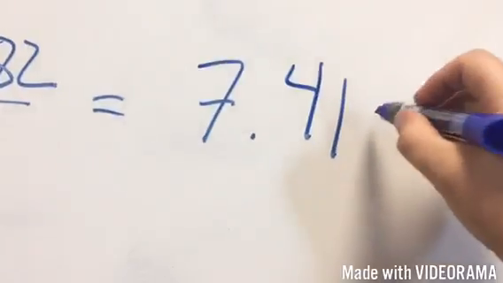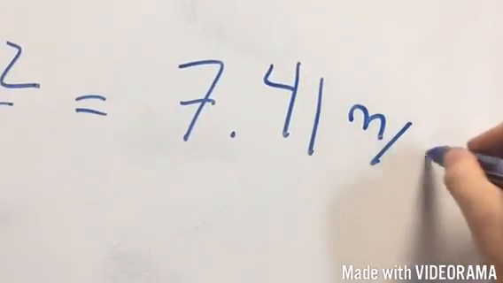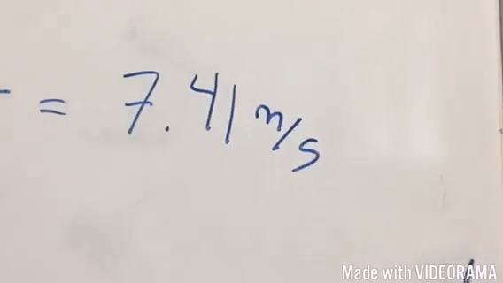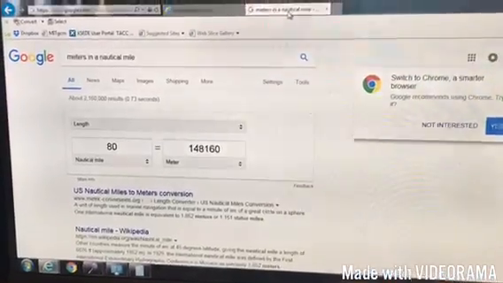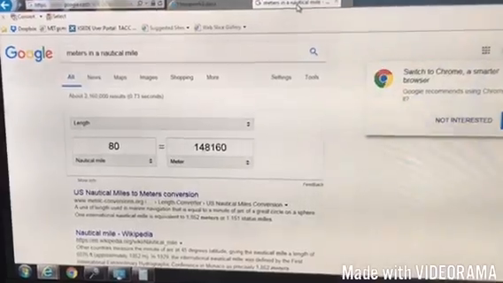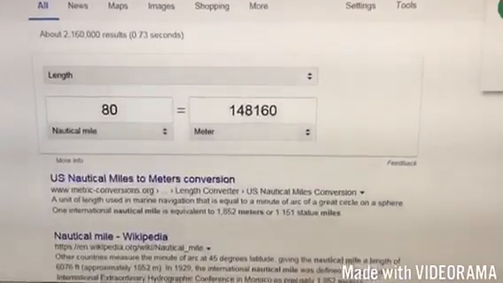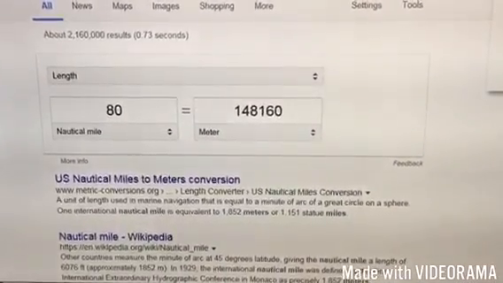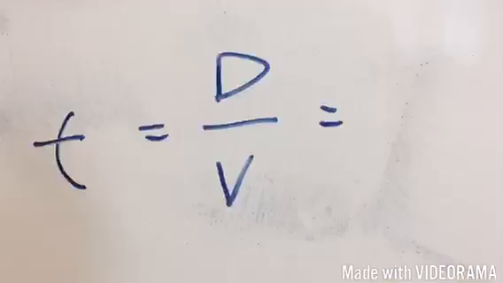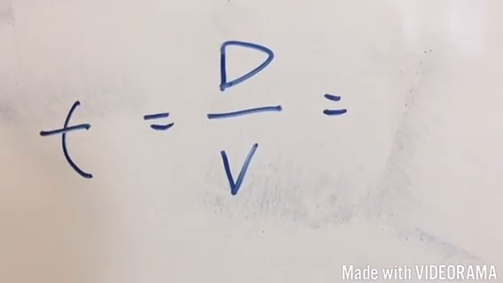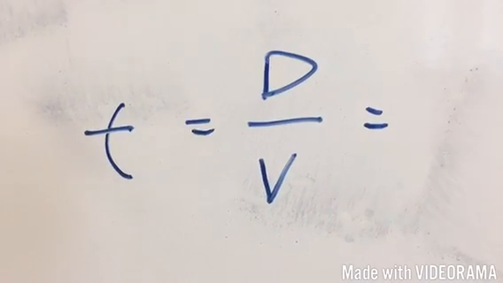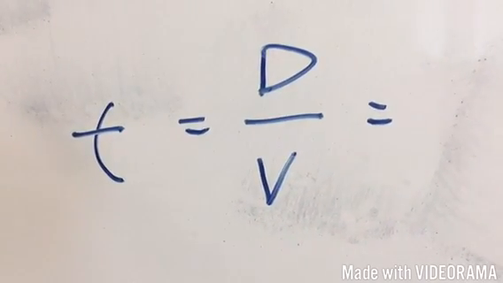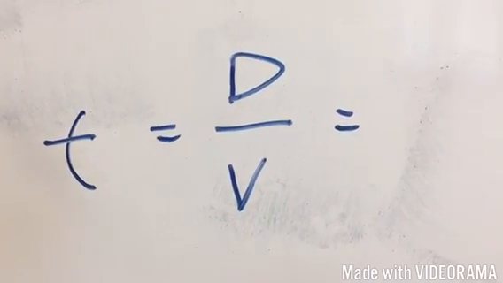And this is speed, so this winds up being meters per second. Now for distance, I got some help from Google: 80 nautical miles equals 148,160 meters. As we said before, our time is going to be our distance divided by the velocity.